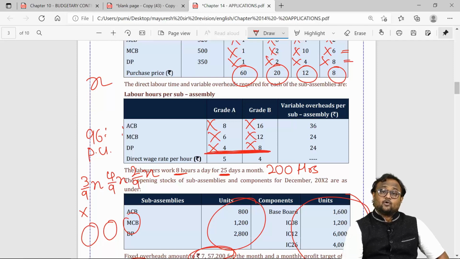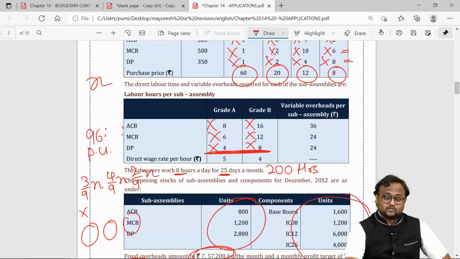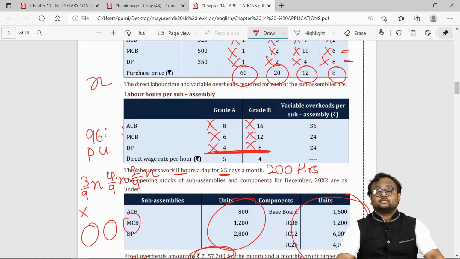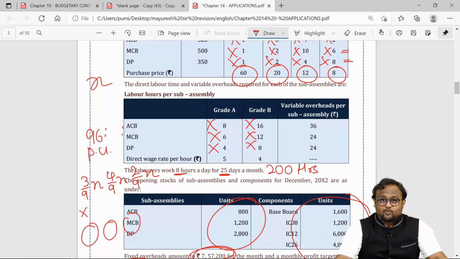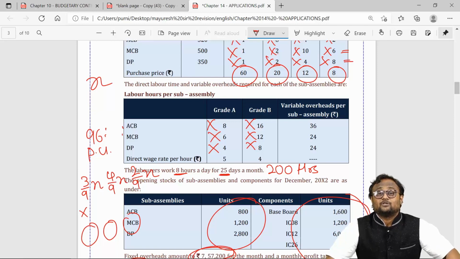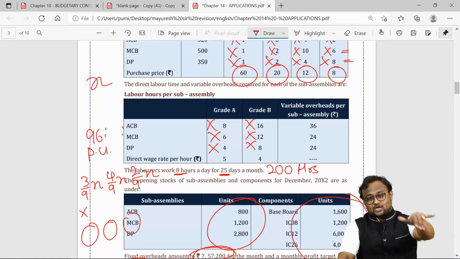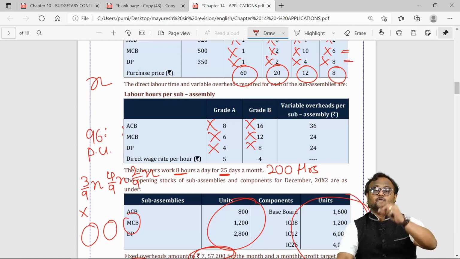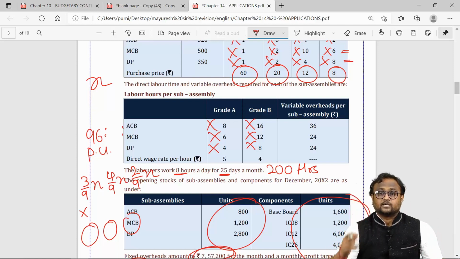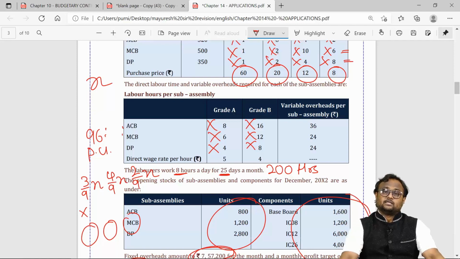That will give you the total number of hours required. We are supposed to recruit employees as well, guys. So those number of hours will be divided by 200 hours, because in a month one worker can work for 200 hours only. So total number of hours divided by 200, you will get the number of workers, and please round it off to the higher side. Round off the worker to the higher side, and that will be your number of workers.